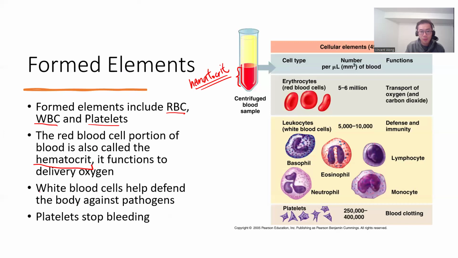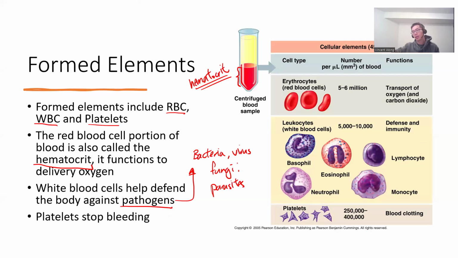The white blood cells, there are a lot of them, and we will learn each one of them in a bit. But collectively, the white cells help defend the body against pathogens. Pathogens are things like bacteria, viruses, fungi, parasites.